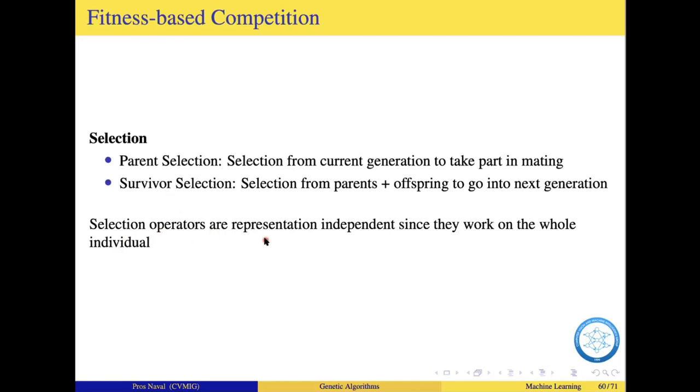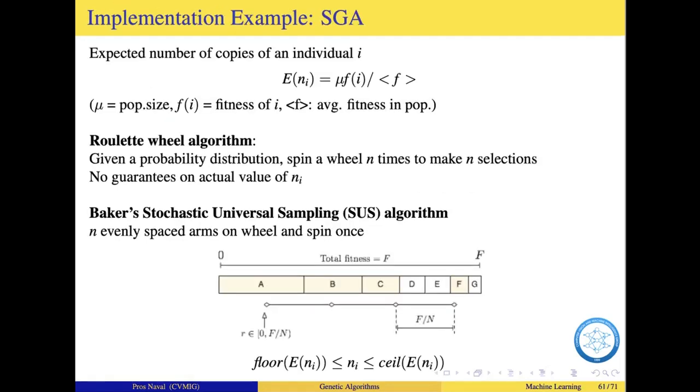Selection operators are representation independent since they work on the entire individual. So for example, for SGA, the expected number of copies of an individual i is just the following. The number of copies is n sub i for individual i. Mu is your population size.